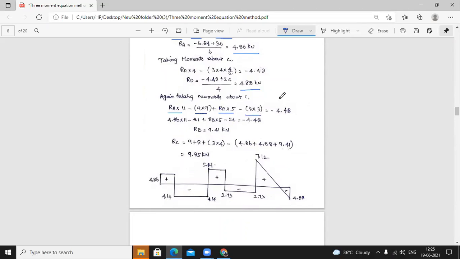I am considering the left portion of C, including reactions and external load, taking moments of all the reactions and external loads. We already know RA, so RB is the only unknown, and we can easily find it using this equation. Substituting RA as 4.86, finally we got RB equal to 9.41 kilonewton.